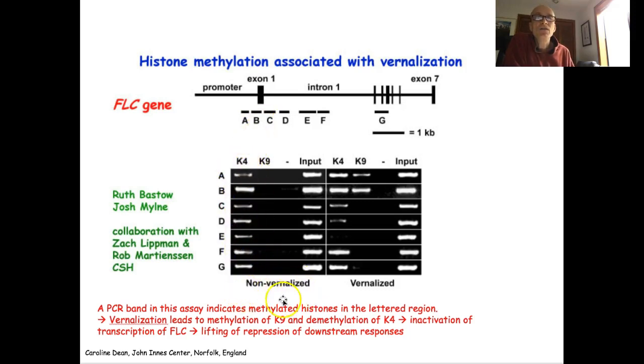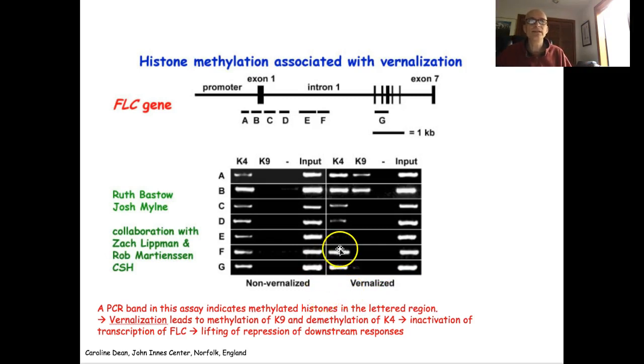So in a non-vernalized plant, so a plant that has not been treated by winter, has not gone through winter, has just been sitting inside or in a greenhouse, you have the methylation state where K4s are methylated. K9s are not methylated. And when you put the plant through vernalization, you see that there are some changes.